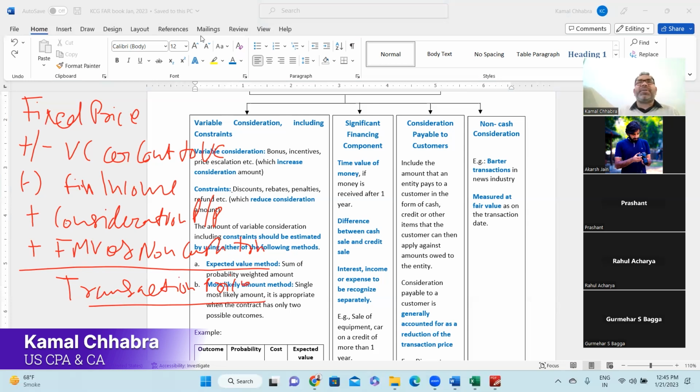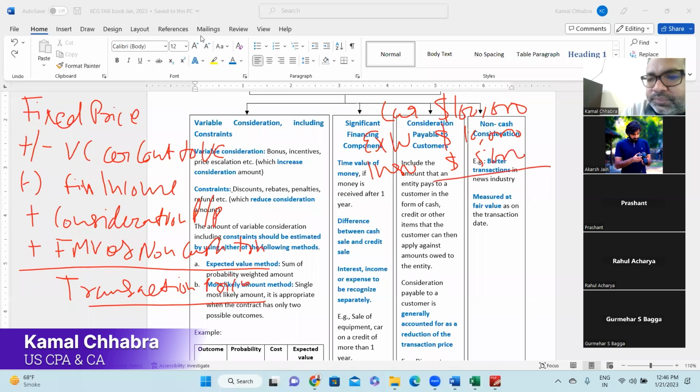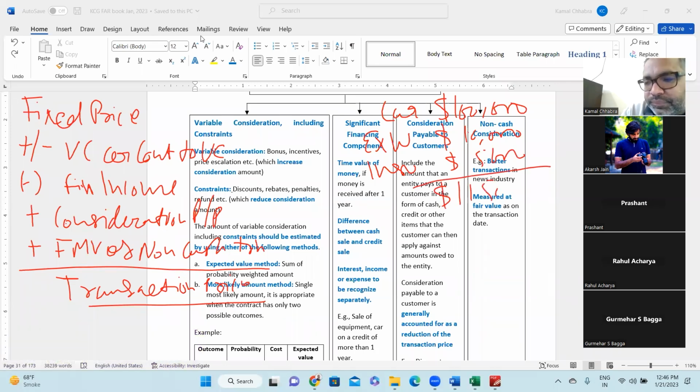Fixed price, for example, like we're discussing the example of a car. What is the fixed price of the car? What is the starting point? $100,000, right? And then extended warranty, how much was that? 10,000. And then insurance, $5,000. So this is, how much? 115. So this is your fixed price.